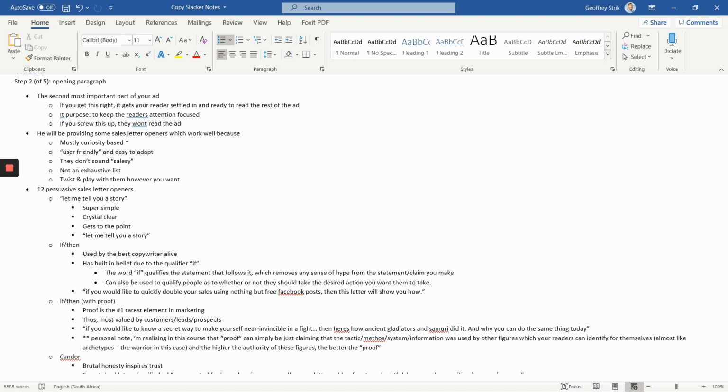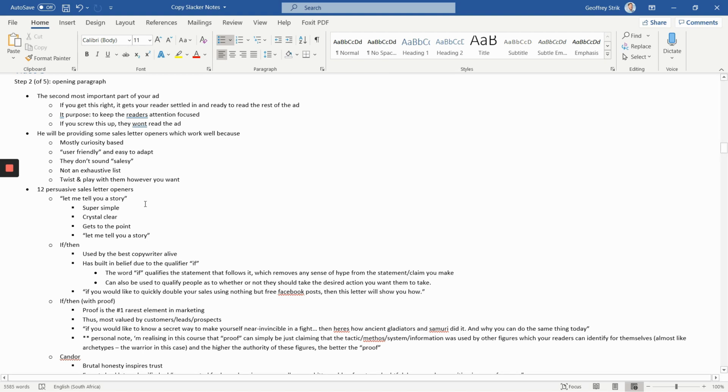Basically, there are 12 persuasive openers which you can use in your copy, at least 12 that we'll be focusing on now. You obviously get many more ways of opening up your copy, but this is just to serve as a bird's eye view of the different elements involved in copy.